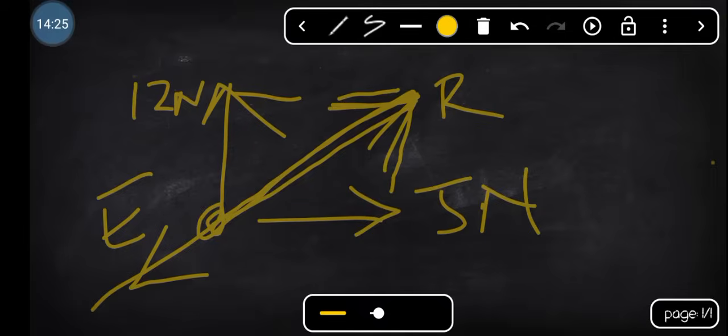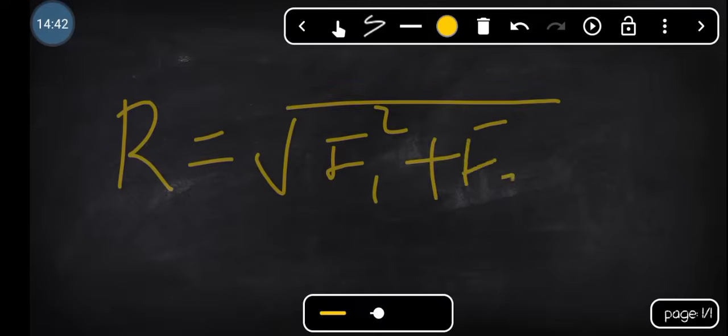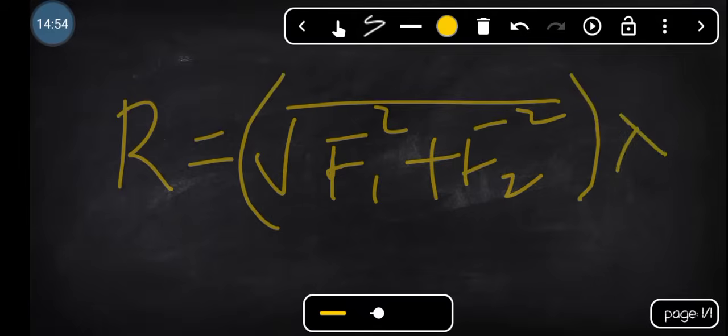So the resultant force formula for a system of two forces is R equals the square root of F1 squared plus F2 squared, and of course it will be in Newton.